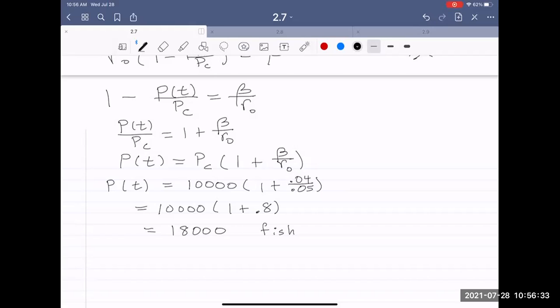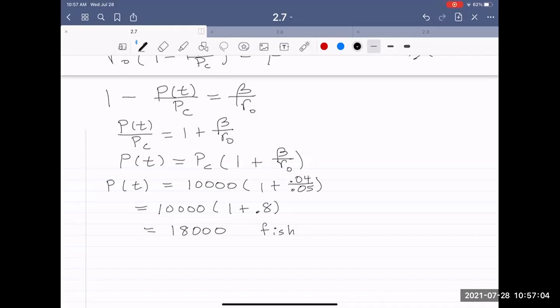Since you're harvesting a few of them, less than how many are being born, you're going to increase the number of fish, but eventually they're not going to increase past 18,000. So they're going to start at 10,000 and slowly increase until there are 18,000 fish.